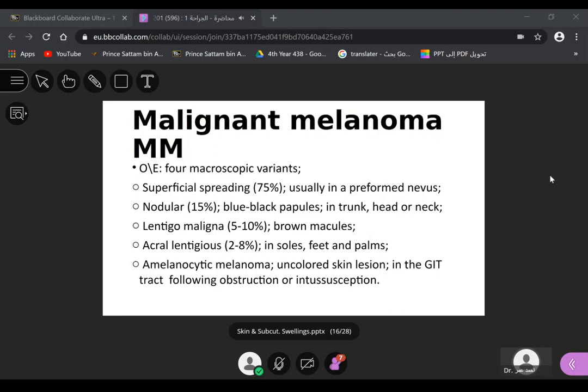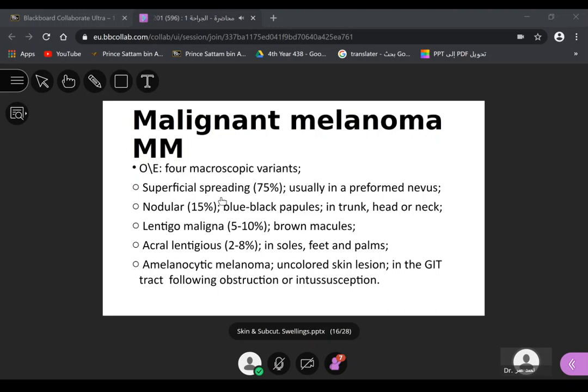Now, if you meet a patient with malignant melanoma in the hospital and look at the lesion, the tumor itself, there are three types. The first one is known as superficial spreading, and here the swelling is not nodular.